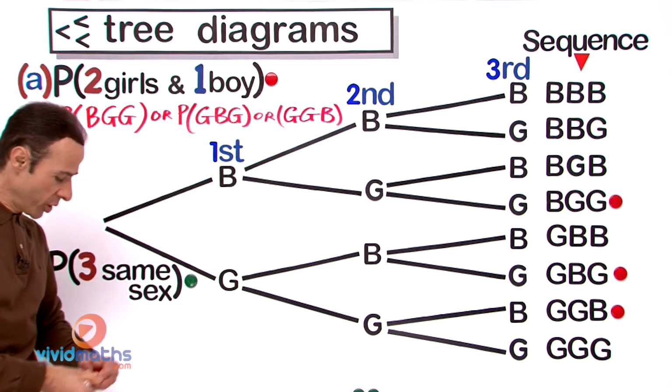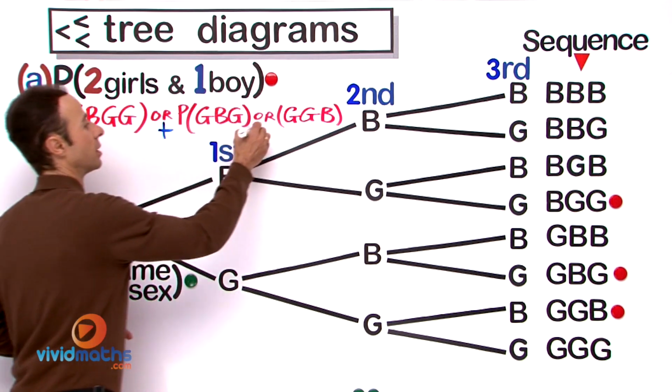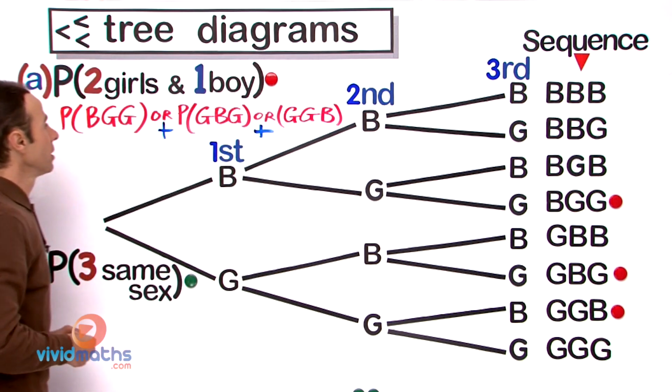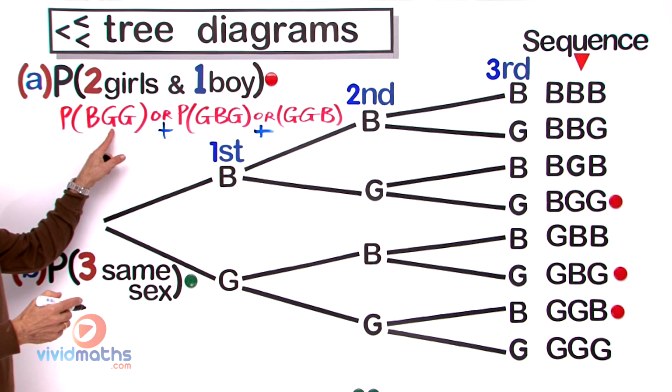Now remember, when we use the word or, we add. So I'm going to replace that with a plus right there. So let's multiply across a boy and a girl and a girl.